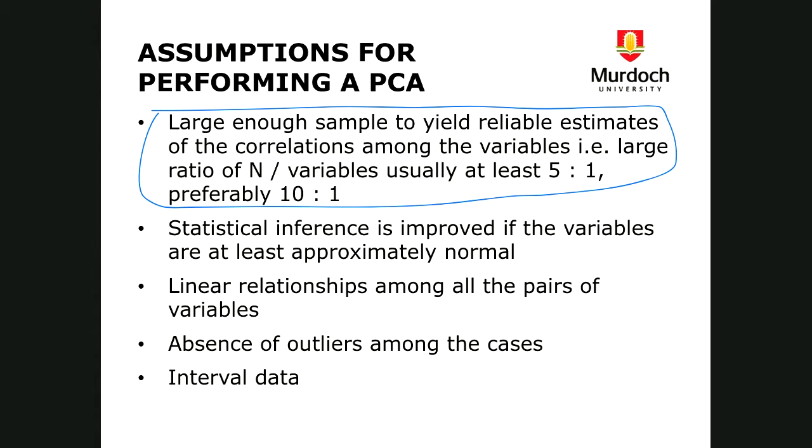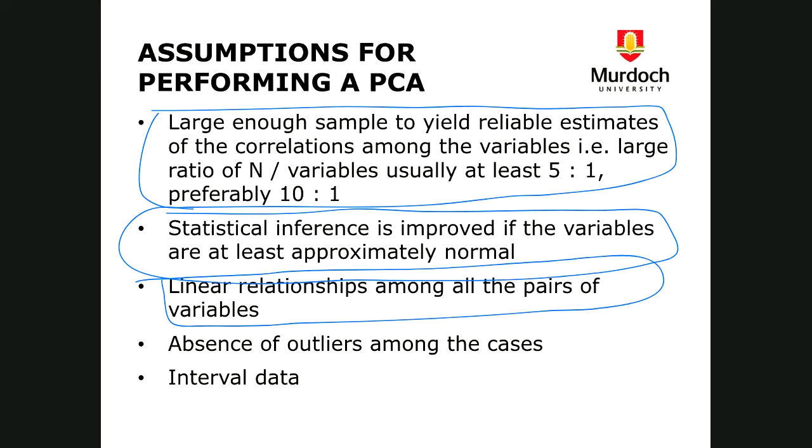Now, statistical inference is improved if the variables are at least approximately normal. In fact, we are dealing most of the time with ordinal data, and we're not going to test normality in this case. Now, linear relationship among all the pairs of the variables is going to be tested after we run the test; part of the outputs will investigate this.